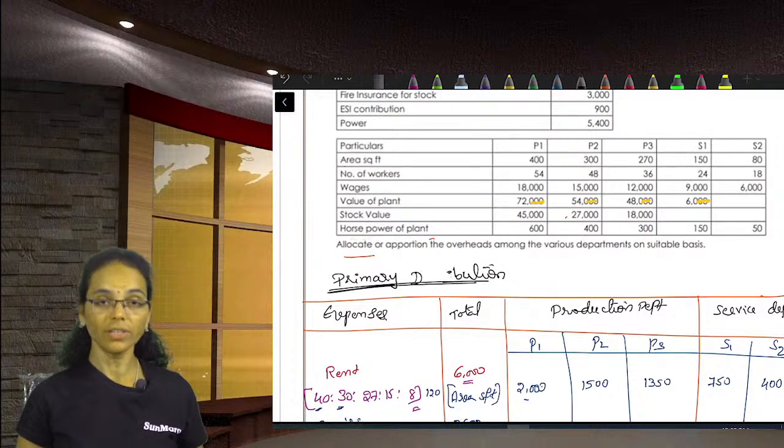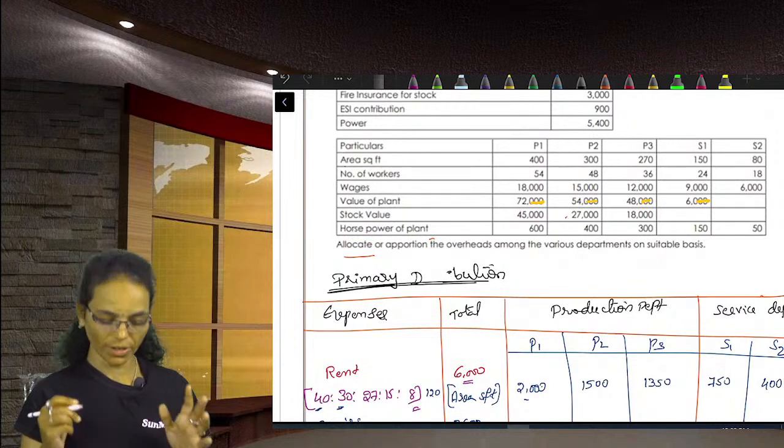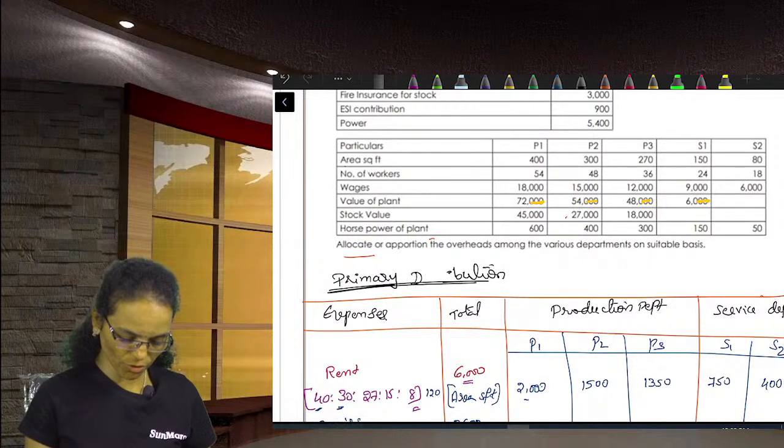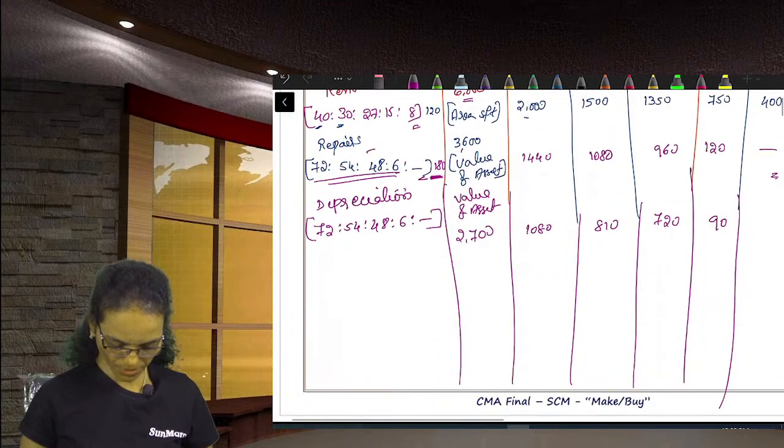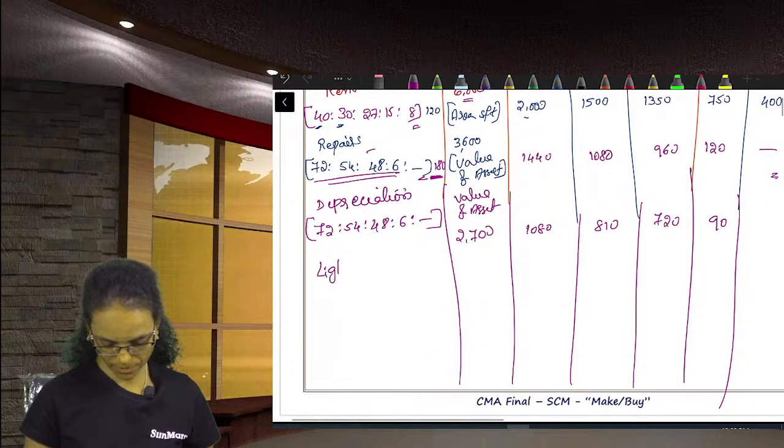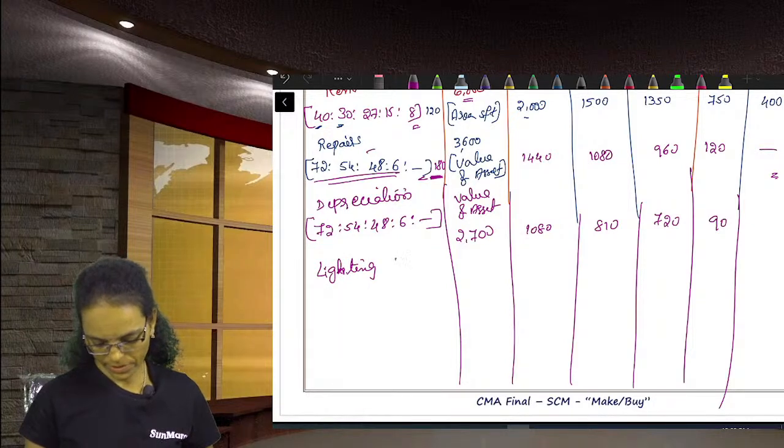Here in the question the number of light points is not given. So if it is not given, then we will go for area occupancy, or square feet.